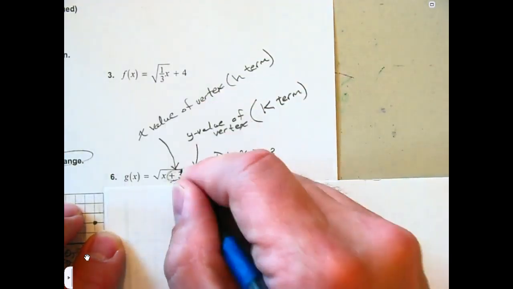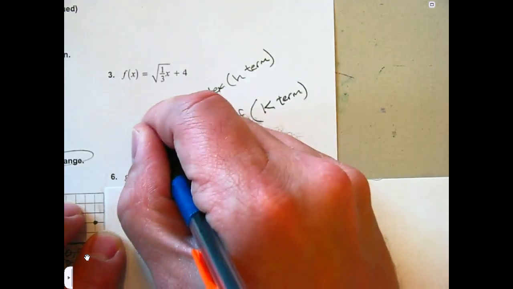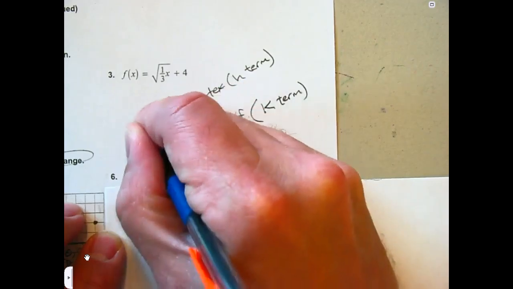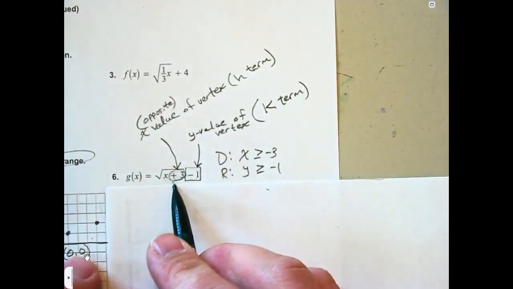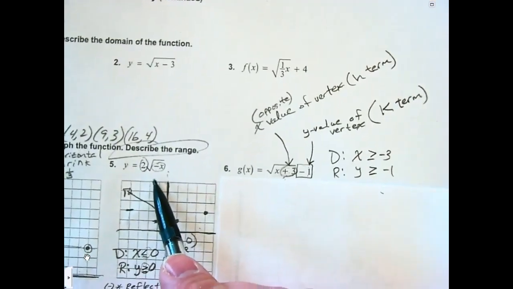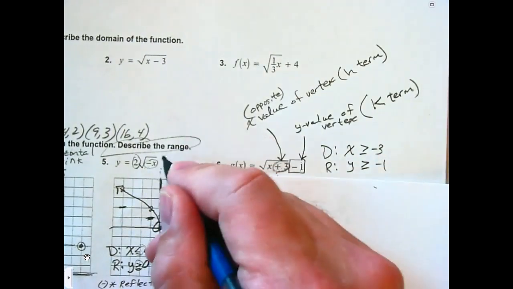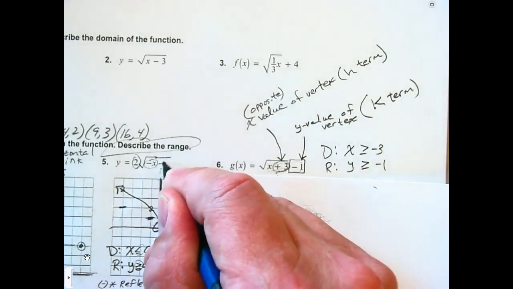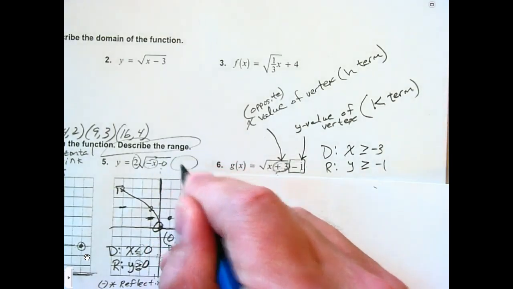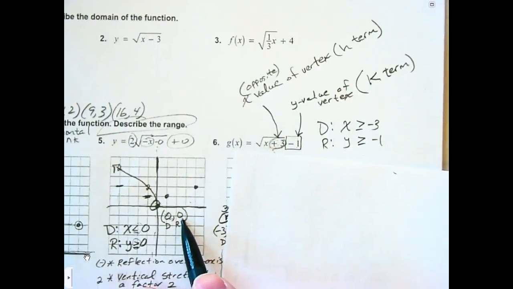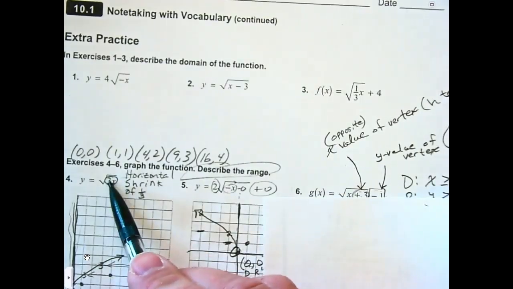So we have to take the opposite of that. What if there isn't any value in there, like on number 5? It's 0. Yeah, we're not adding or subtracting anything. What if there's nothing out here? It's 0. That's why we have 0, 0. On this one, we have 0, 0.